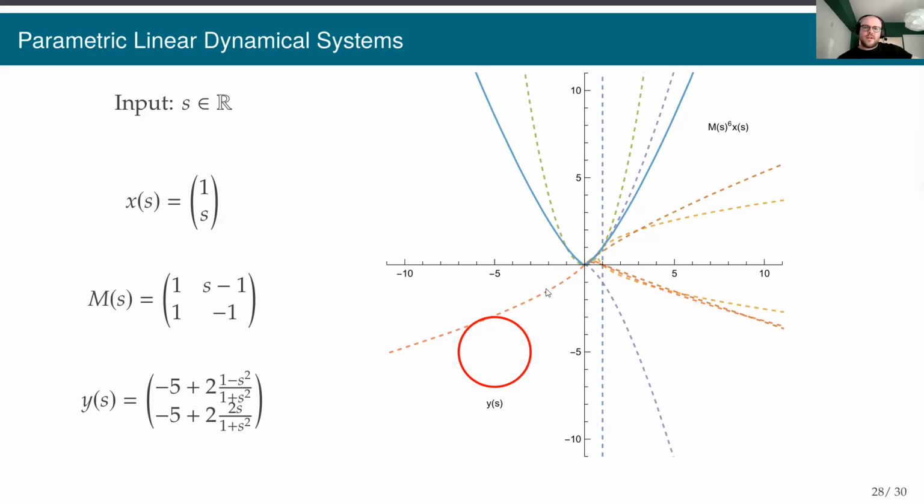It seems that you're intersecting this circle with this orange graph, but it's not enough that geometrically these two intersect. You want them to be equal with the same s. Okay, so that's essentially the setting of the problem.